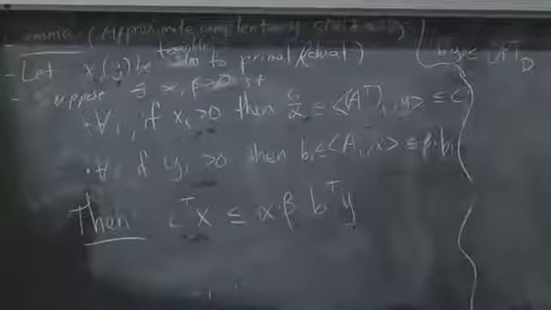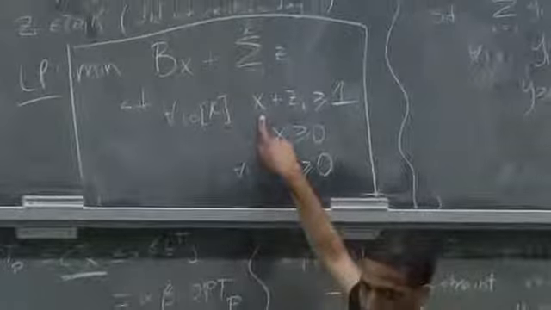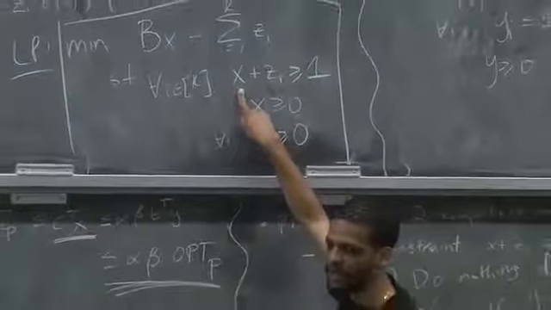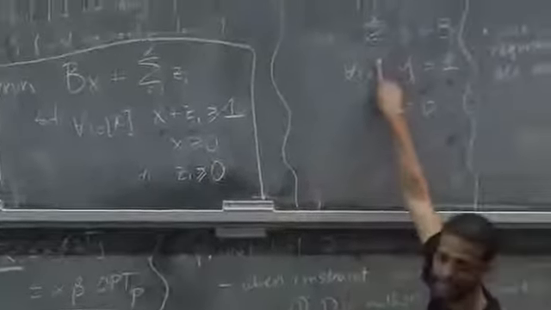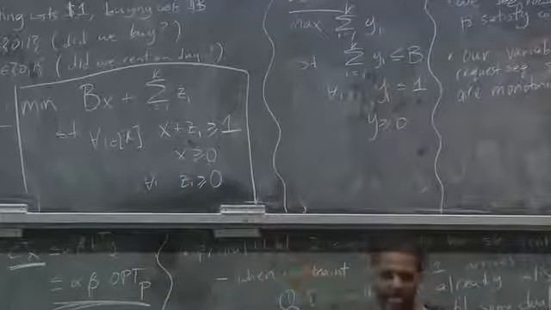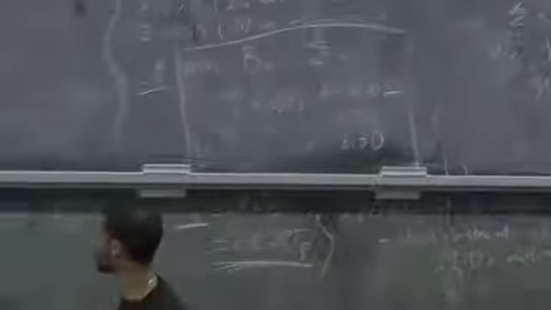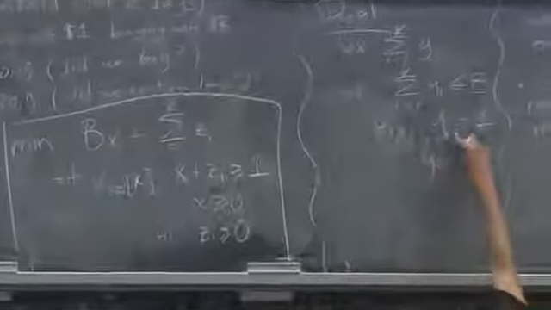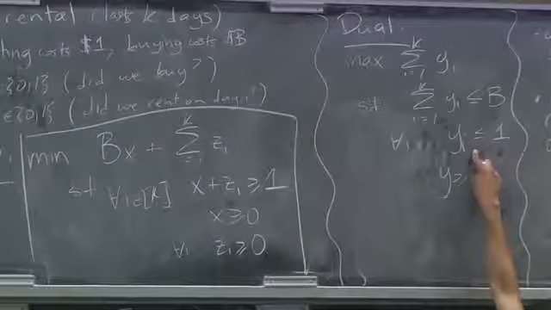Well, let's look at the variables in the primal. What if x is bigger than 0? If x is bigger than 0, that means that at some point this constraint became tight. Okay? So if x is bigger than 0, this constraint is exactly tight. There's no slack, right? Which corresponds to alpha being 1. If zi is bigger than 0, that means also this constraint is exactly tight, yi equals 1, which again corresponds to alpha being 1.